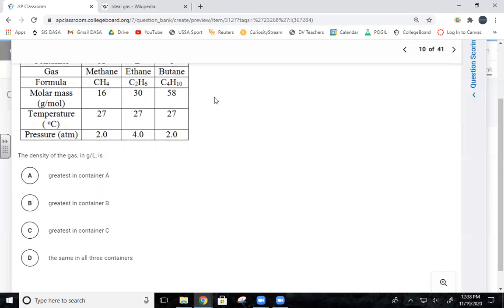so PV, we don't know the volume. Right? We just don't. Equals, so 4V equals, we don't know the number either. We know the gas constant, which is R, and we know the temperature, which is 27 degrees Celsius, which we would just convert into kelvins, right?